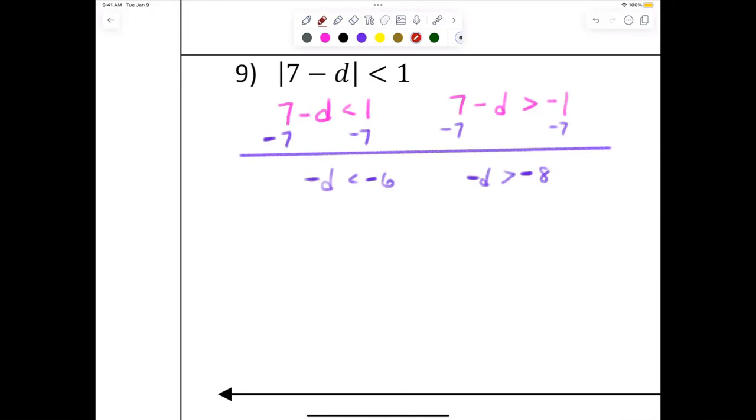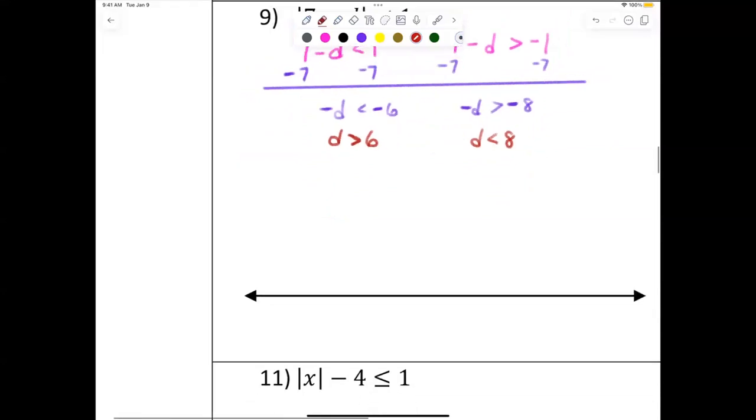Now, does everybody agree I have to divide by negative, right? So if I divide by negative, what does that do to the signs? That's right. So you're going to say D is greater than what? And then D is what? Less than 8.